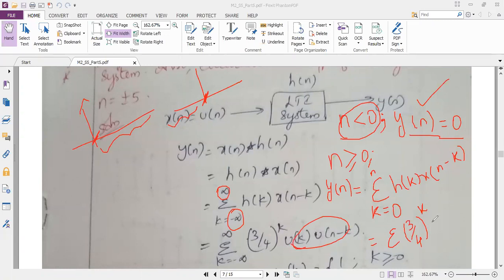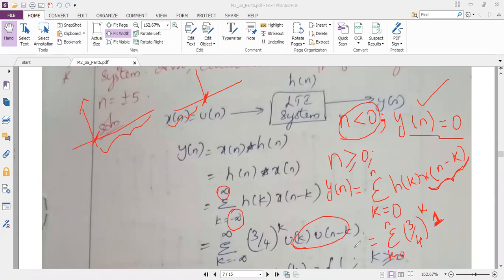That work is already done. So I can write 3 by 4 power k. Then x of n minus k, do we have anything for it? It is just the amplitude 1, because x of n minus k is u of n minus k, and the unit step signal amplitude is always 1. So it is summation k equal to 0 to n of 3 by 4 power k.